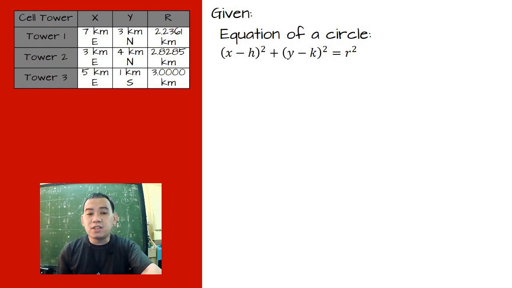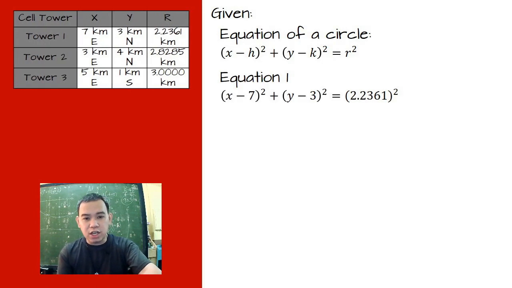So we begin by substituting the location of each tower into the standard equation of a circle. The distances given will serve as a center point for each circle, and the range for each tower will become the radius. For the first tower, the equation becomes (x - 7)² + (y - 3)² = (2.2361)².